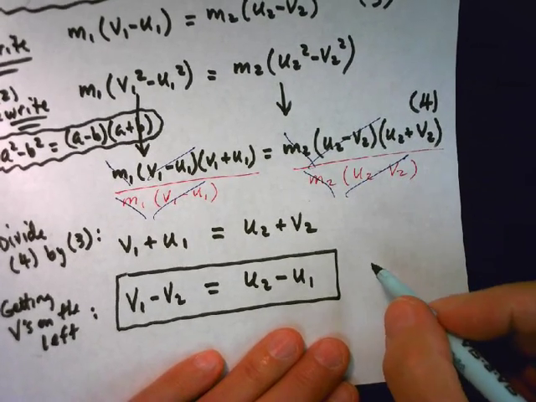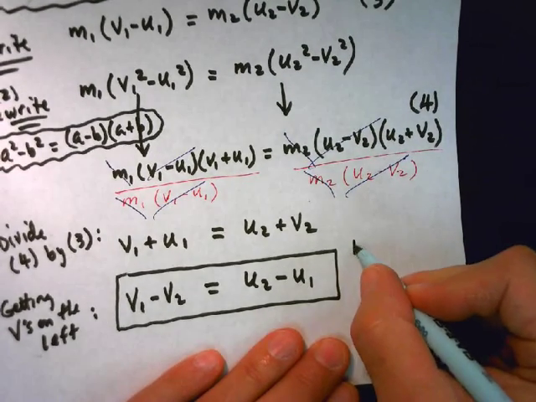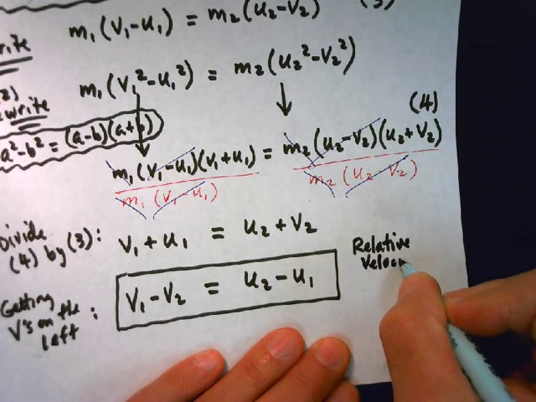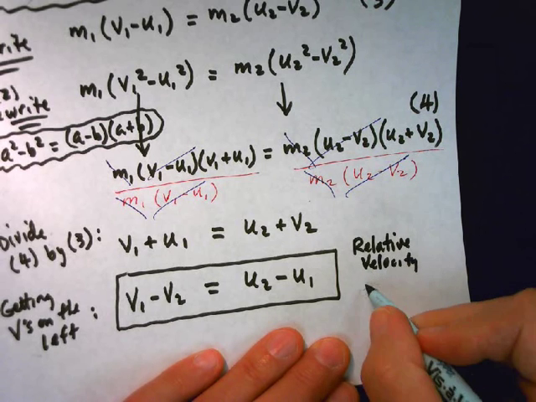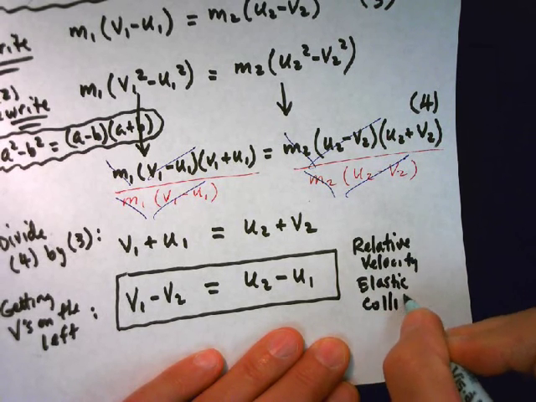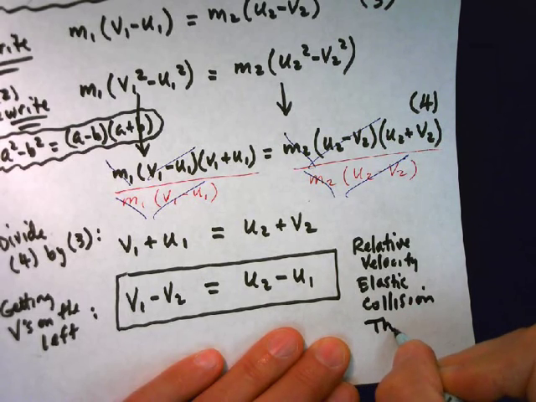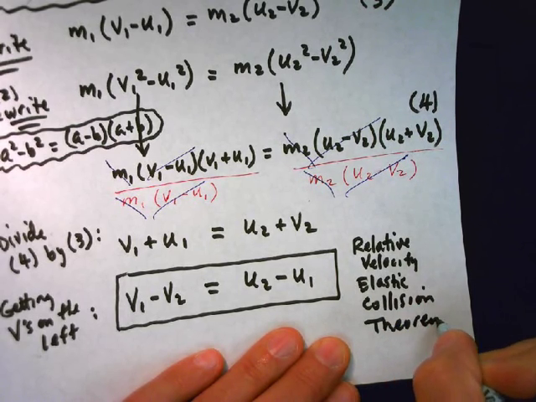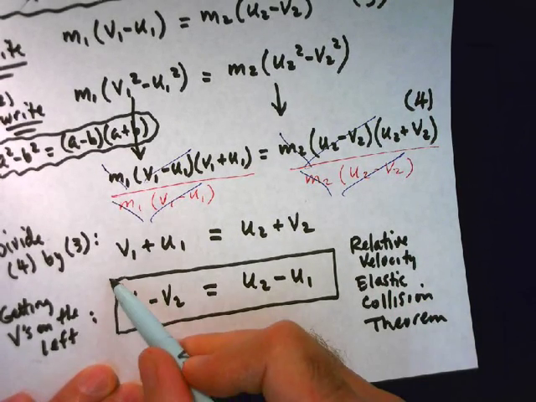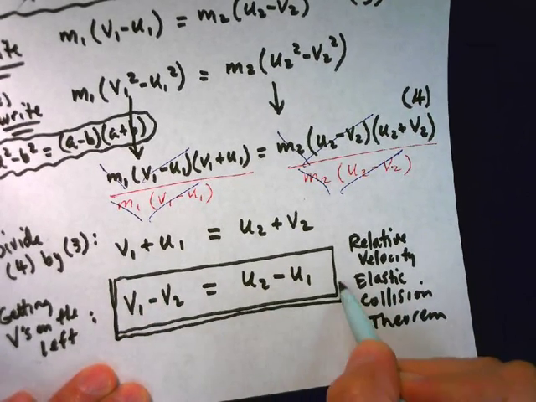We can call it maybe something, let's make up a name for it, the relative velocity elastic collision theorem. Okay, and so here's our final result.